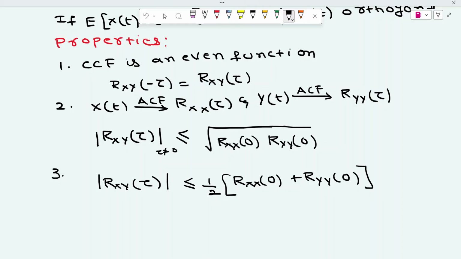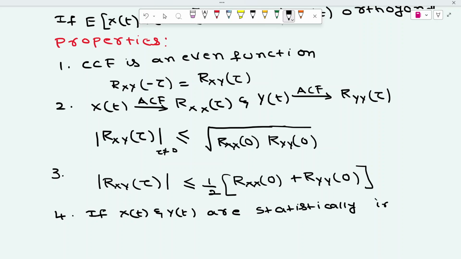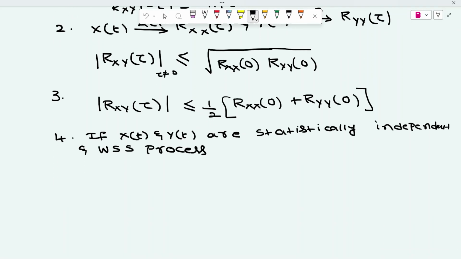And another important property of cross correlation function is if two processes, that is x of t and y of t, are statistically independent, and they are wide sense stationary processes, then we can write, in general, what is rxy of t comma t plus tau?